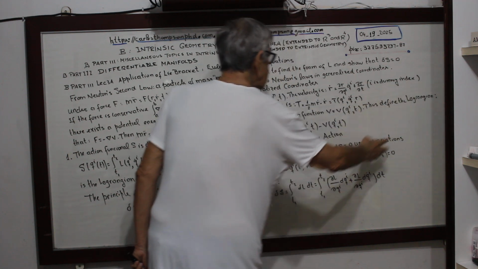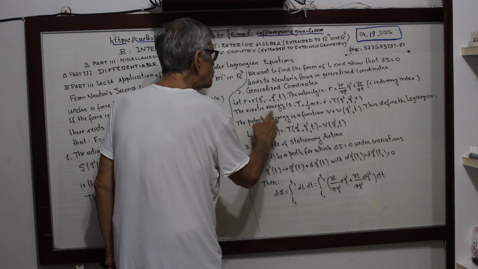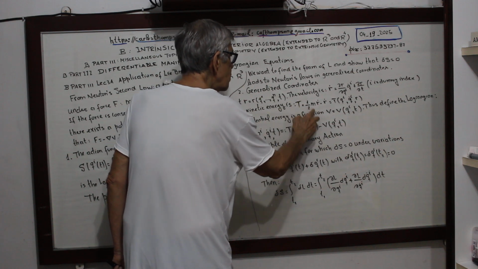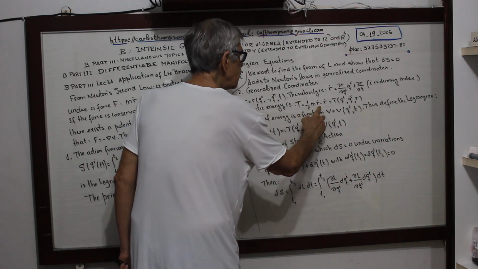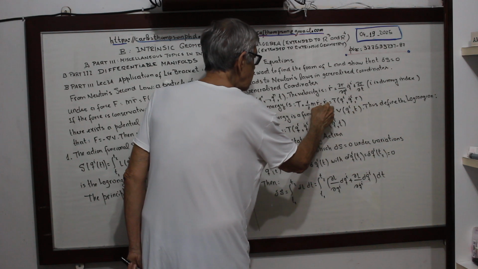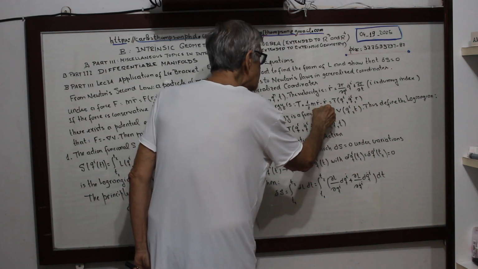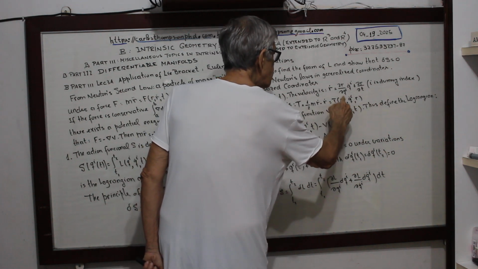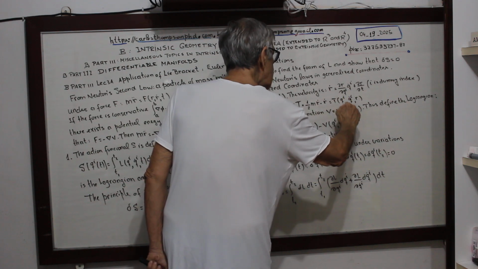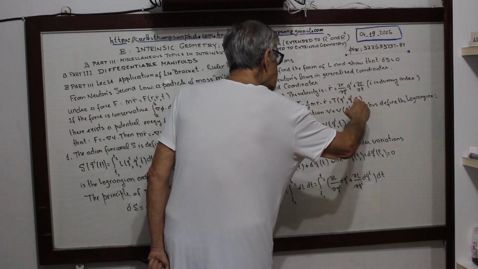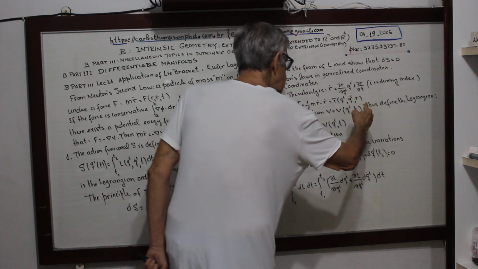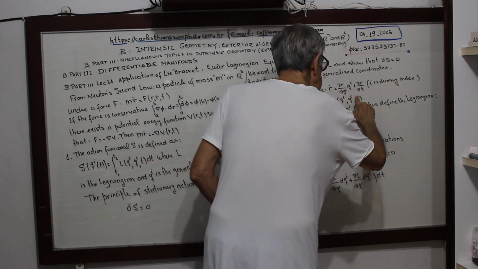I is a dummy index. So the kinetic energy is defined as T equals 1/2 m, the dot product of the velocity vector with itself, and this T is a function of the generalized coordinates, generalized velocity, and t here.